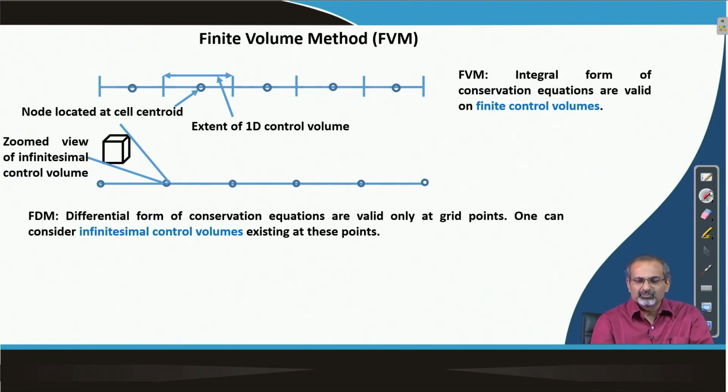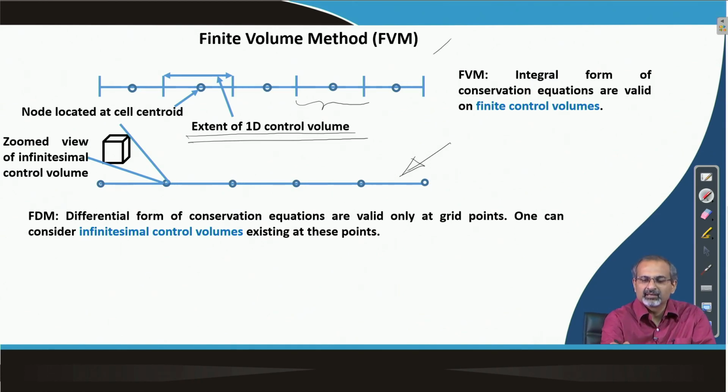Now, the fact that we have expanded the control volume to make it occupy a finite dimension, we have the extent of a one dimensional control volume here. We continue to use a one dimensional domain like we did for the finite difference calculations and discussion.